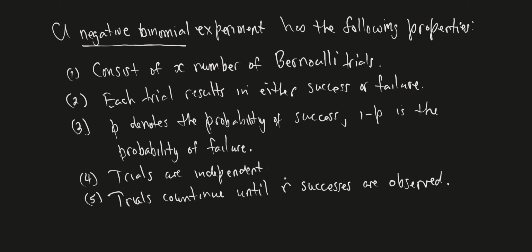So you can definitely see the difference there. In the binomial experiment, the number of trials was fixed, and the number of successes was our random variable. Now, the number of successes will be fixed, and the number of trials is variable. And so the whole idea is like continue flipping a coin until you observe a head. Again, we don't really know how long it will take before we see that success. So that is a negative binomial experiment.